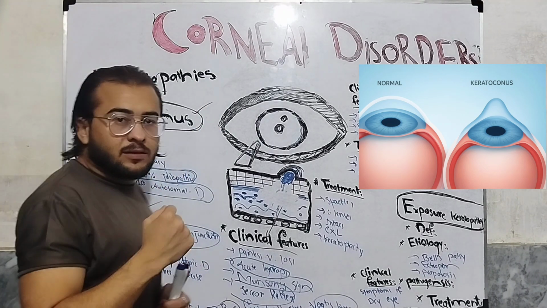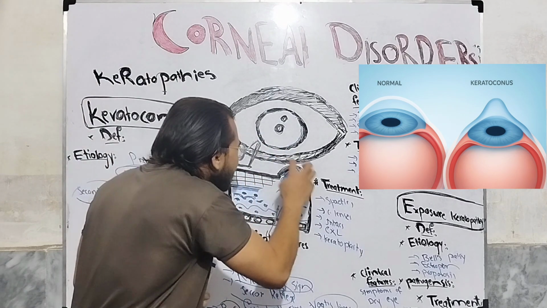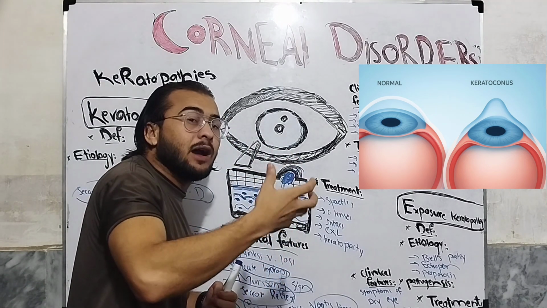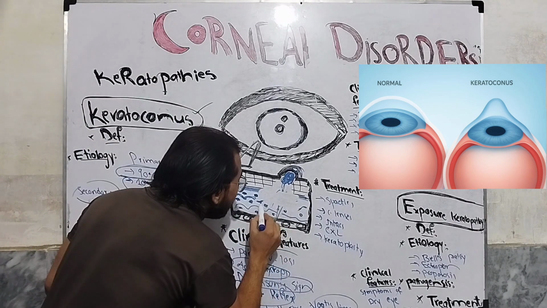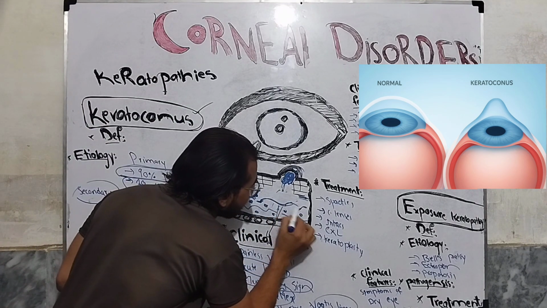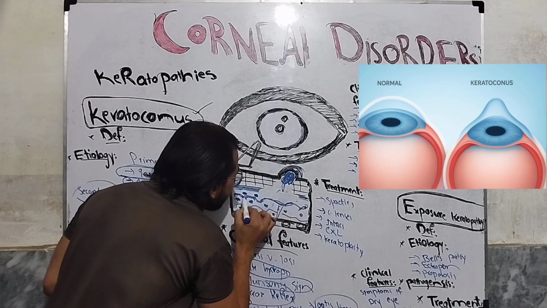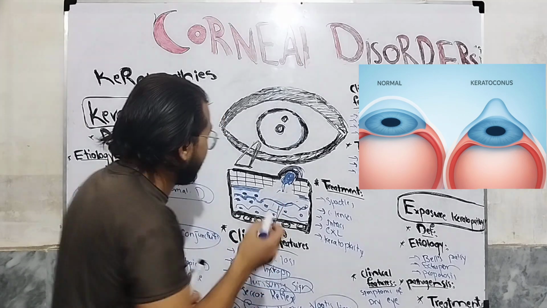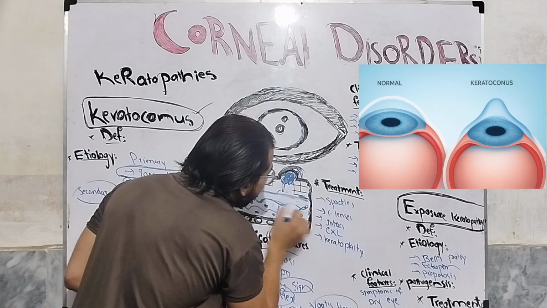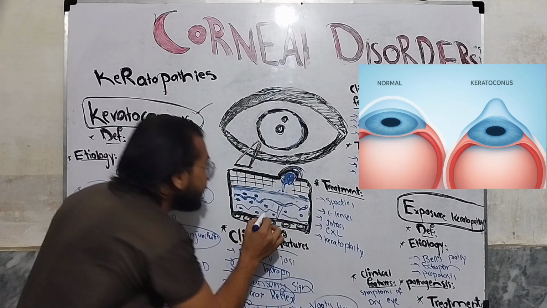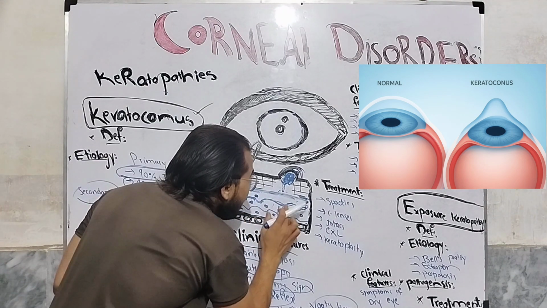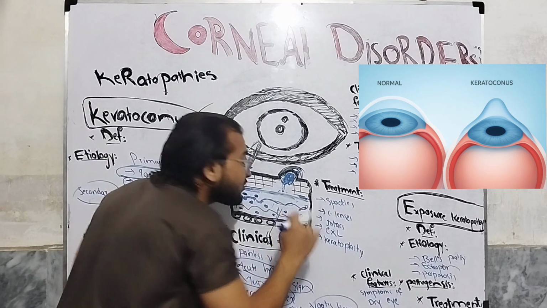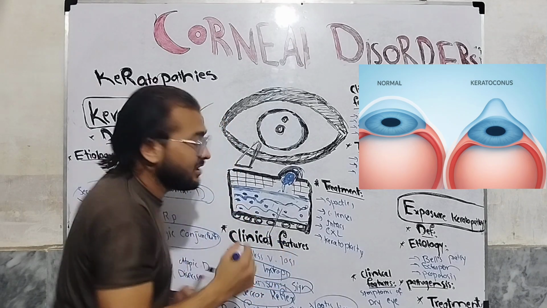Now pathogenesis. How does this bulged out pocket of the cornea develop? As I told you, the basic problem is in the collagen fibers. These collagen fibers will thin out and start disintegration and degeneration.